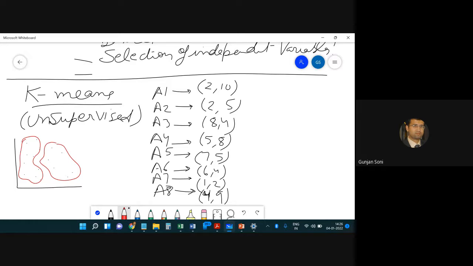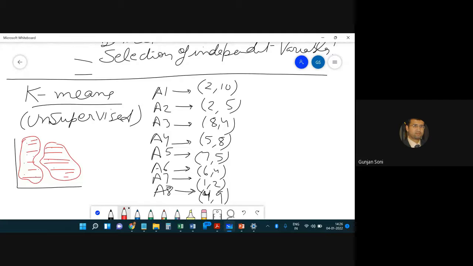Later I'm going to find out what is the common thing about these points, or what name can I give to them? In KNN, we had already classified them as good and bad, but here we don't know whether I should classify them as good and bad or black and white or beautiful and not so beautiful. So how do I classify it?